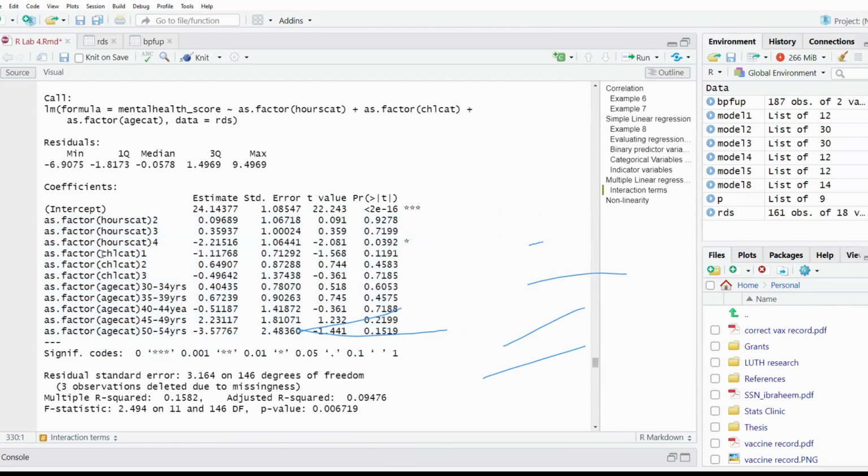This variable has its own reference, and then this variable has its own reference. The people who belong to the reference for all 3 variables, that's the intercept. It's a union of the reference for this, this, and that, and you set all of these to the reference.